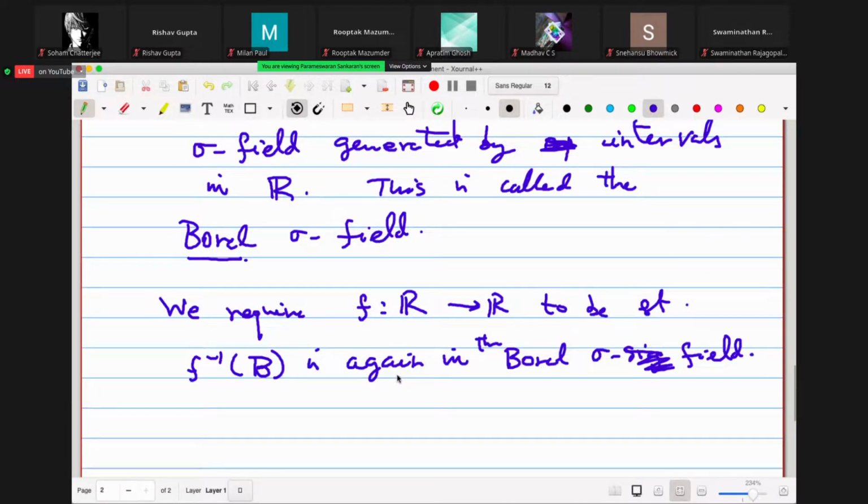Instead of requiring this, you can slightly say that f is measurable, or Lebesgue measurable.